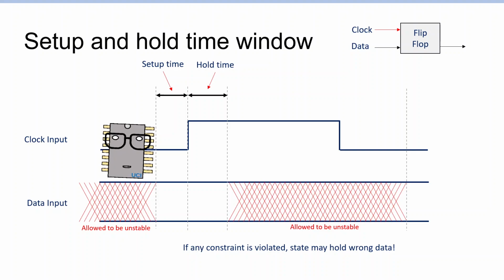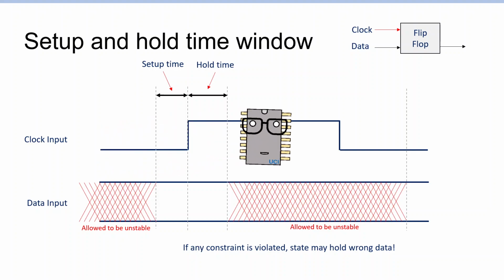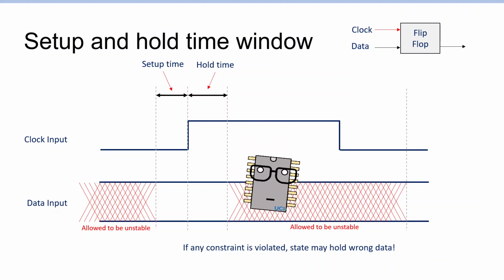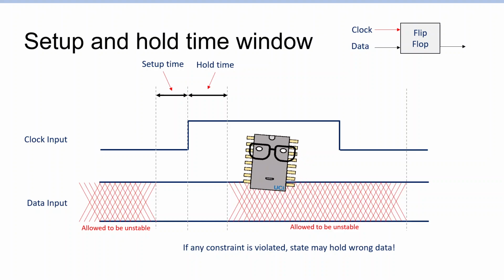It should not be in the fuzzy state. And after the rising clock edge, for at least the hold time constraint of the state element, the input should again be stable. So this is the intuitive illustration of these two constraints.